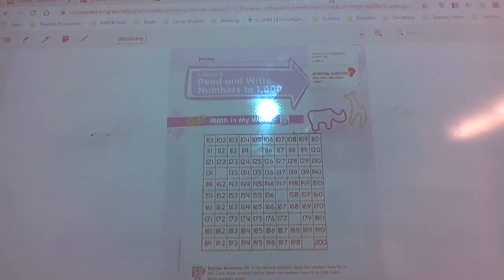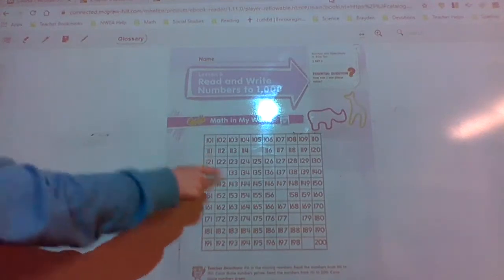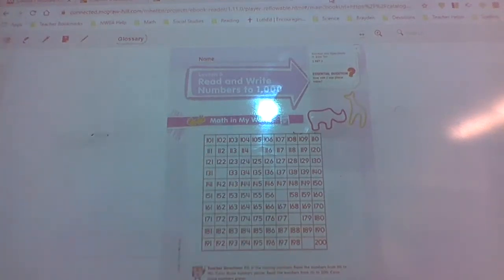If you count from numbers 101 to 150, you're going to color those yellow. And the numbers 151 to 200, you're going to color those green. That's totally up to you. If you want to do that, go for it. You don't have to color them, but I would like you to fill in these missing spots. That's all they have you do on that page.